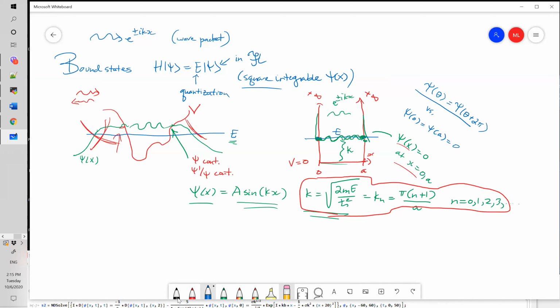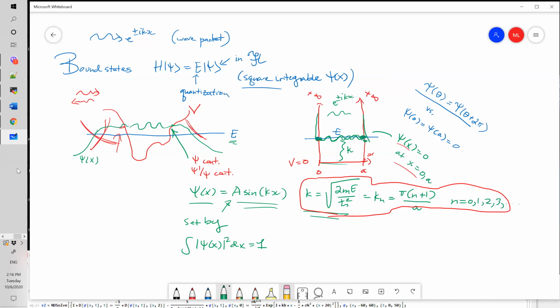And one last thing about this is that we have this A, the unknown here, that's set by the normalization, right? We have to ensure that the particle can be found somewhere.